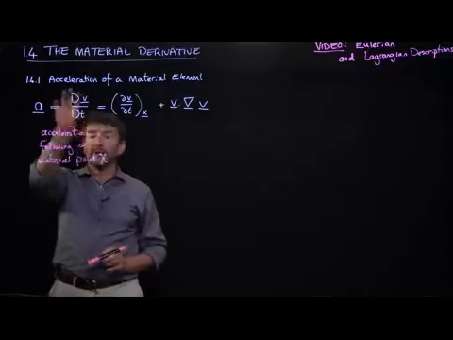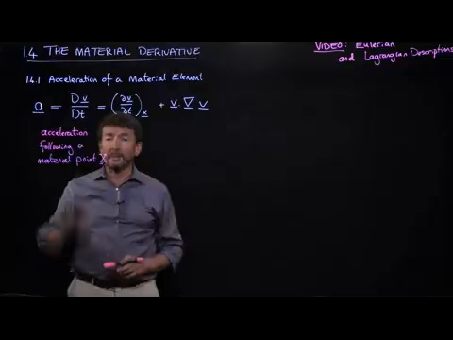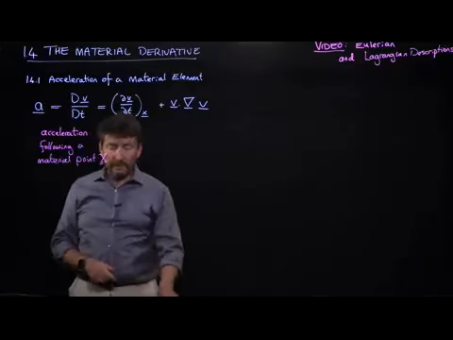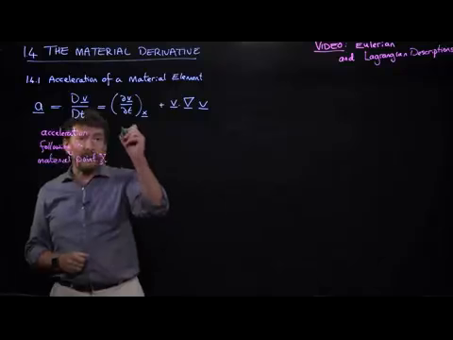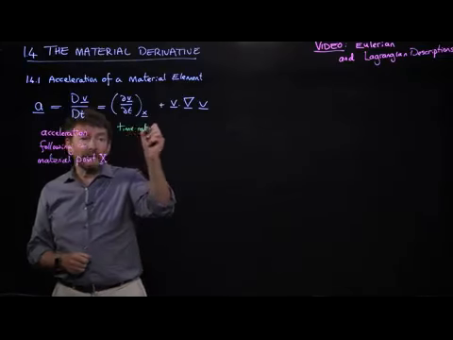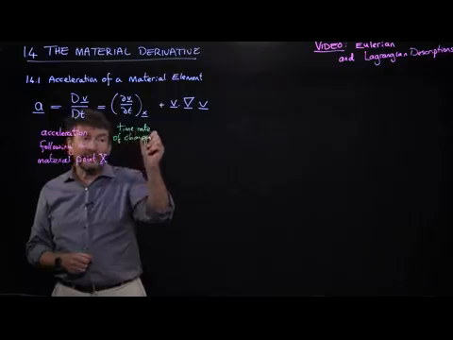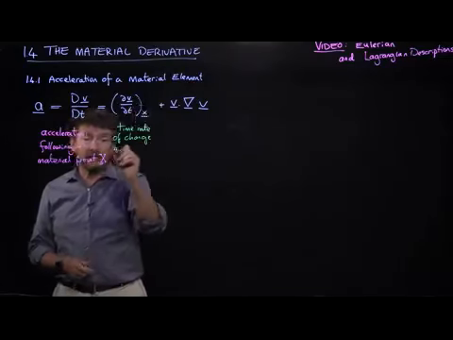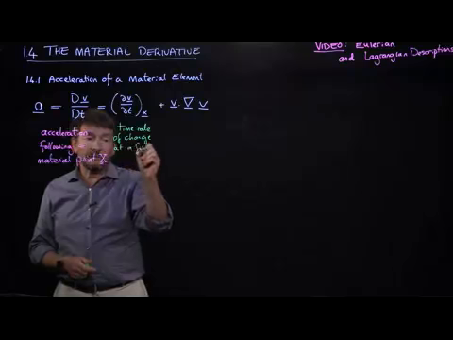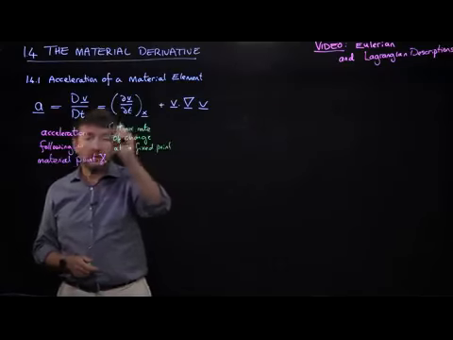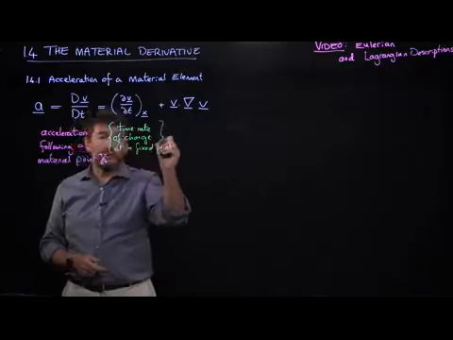The way we evaluate this quantity, which is a Lagrangian quantity in terms of Eulerian variables, is what we've written out on this side. And so we might think about this as the time rate of change, in this case of the velocity, at a fixed point. So that's that quantity.